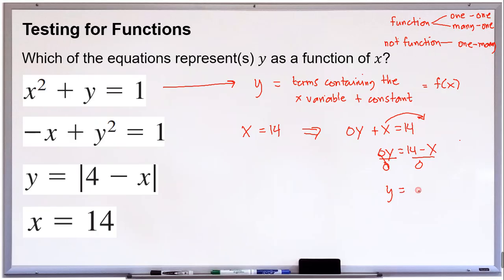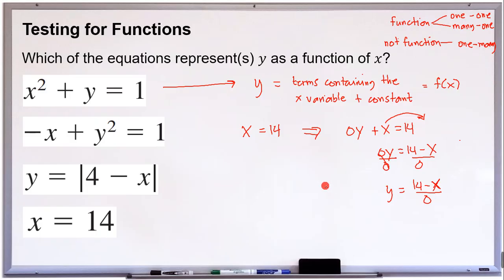So you have y is equal to 14 minus x, over 0. Then again, by the rules of rational functions, the denominator should not be equal to 0. So this is an indeterminate form. Or another interpretation for this is that for a given value of x, you have infinite values of y.